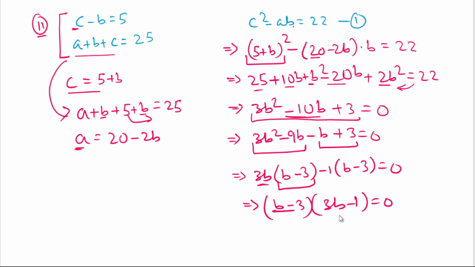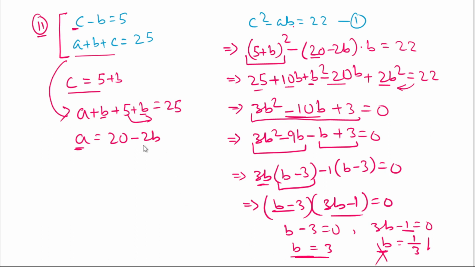Here 2 factors' value is 0, so we write b minus 3 is equal to 0 and 3b minus 1 is equal to 0. So here the value of b will be 3 and here the value of b will be 1 divided by 3. So here the value of a, b, c is a natural number, so we cannot take the fractional form, so the value of b we will take 3.